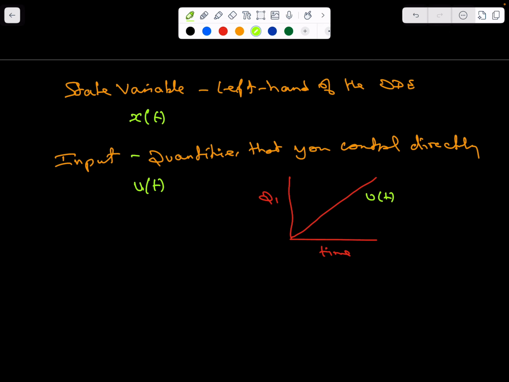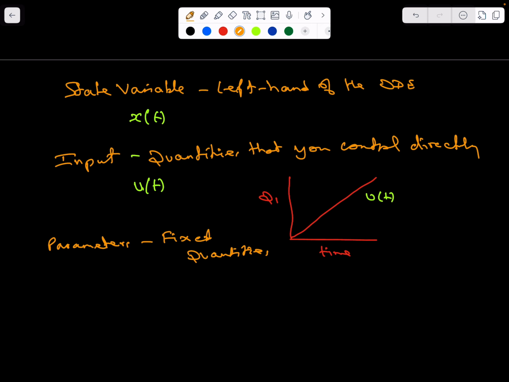The other one are the parameters. Parameters are fixed quantities, okay? And there are two types of these. There are either ones that I could in principle change, and therefore if I do change them, they turn into inputs. But I've decided not to bother changing them. I'm not interested in them, or maybe they're just too difficult to change.